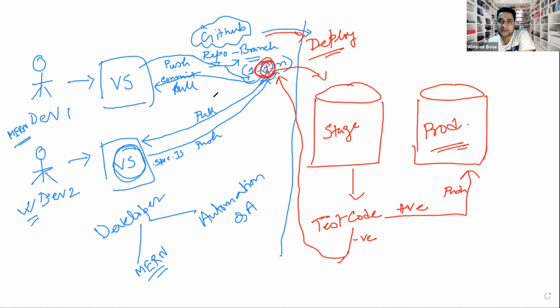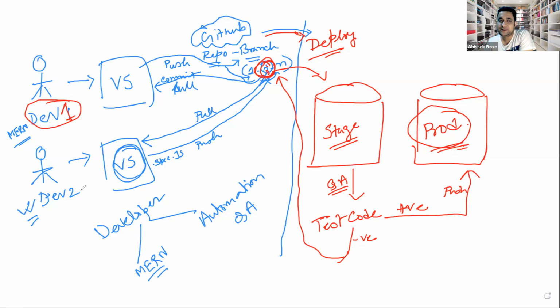Means when some developer is pushing their code in the stage server, then you guys are testing, correct? QA is testing. Now if everything is okay, then you are saying to this developer, everything is working, now you can push to the production server, correct?